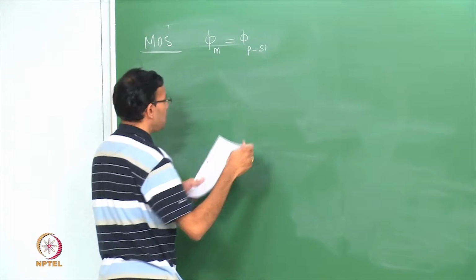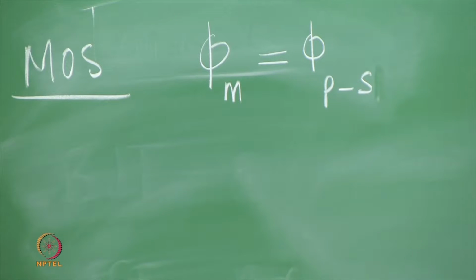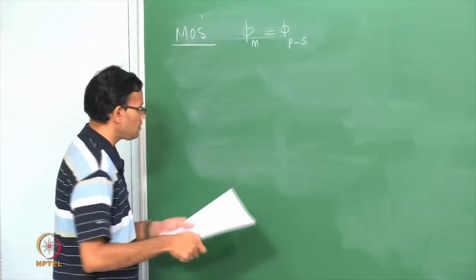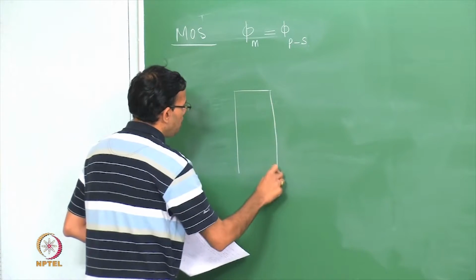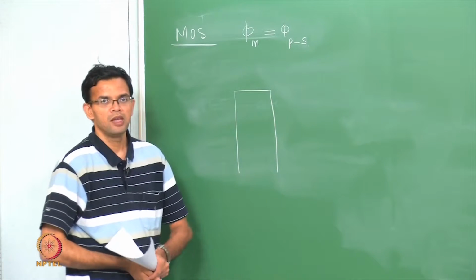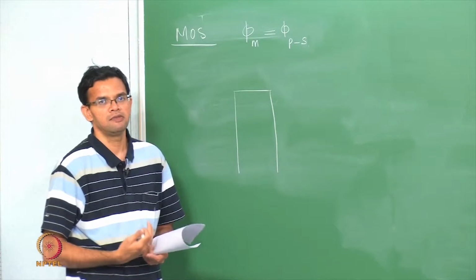So instead of silicon I will just say S, so that it is a more generalized argument, but we will start with the work functions being the same. The advantage is that if both work functions are the same, in the absence of any external potential the Fermi levels will just line up.